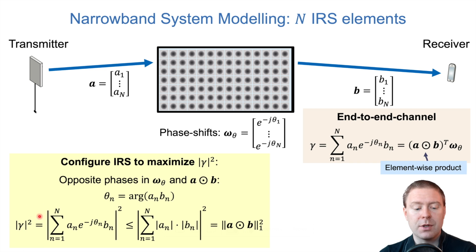In that case, the absolute value square of gamma, which is this term here, will be getting its largest number, which is to sum up only the absolute values of each of the different terms, and then we square it. Another way of writing this is to take the element-wise product between two vectors, take the one norm, which is what we get when we take the absolute values, and then square that entire thing. That is the maximum SNR that we can get. So this is how we are selecting the best IRS configuration in a narrowband case with a single antenna at the transmitter and at the receiver.